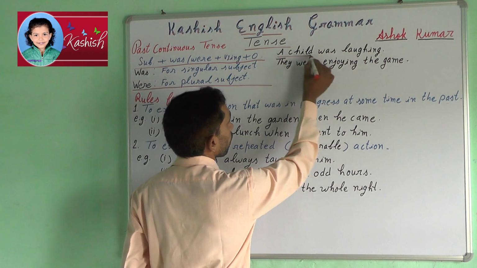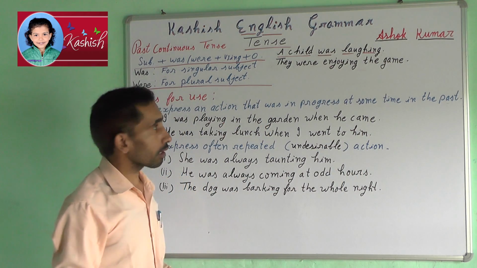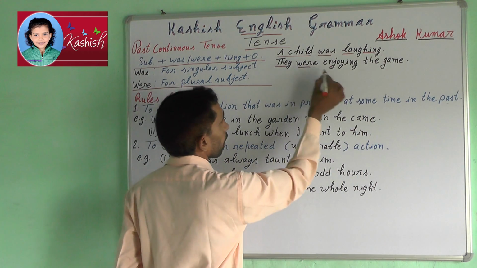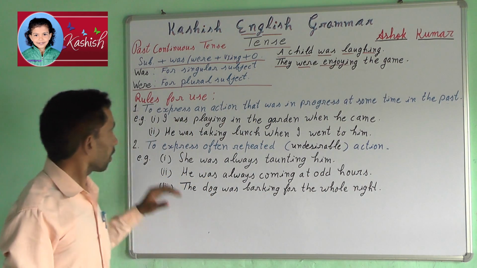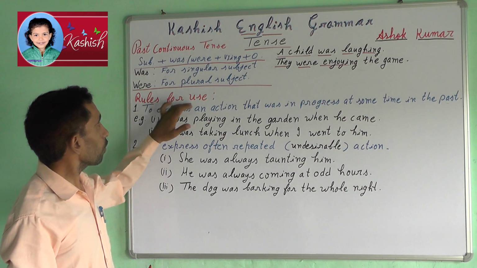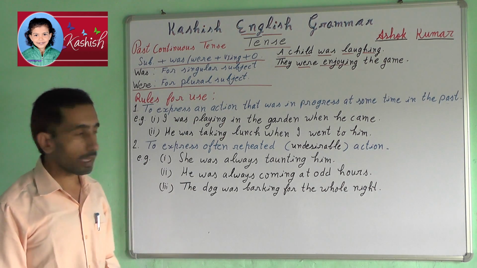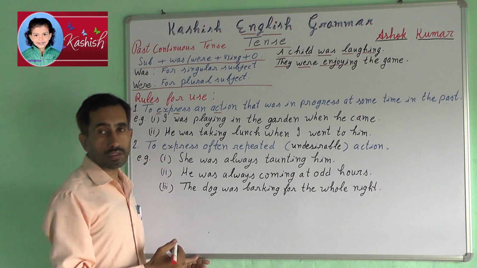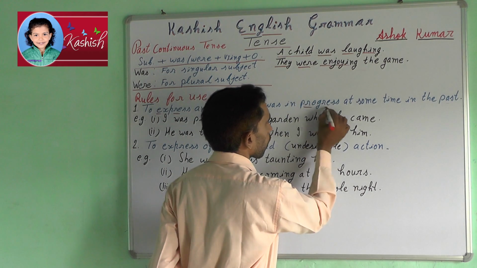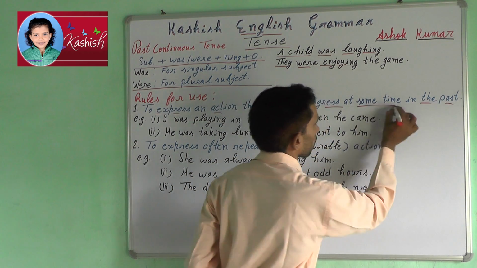A child was laughing. Next, they were enjoying the game. Rules for use of past continuous tense. First, to express an action that was in progress at some time in the past.